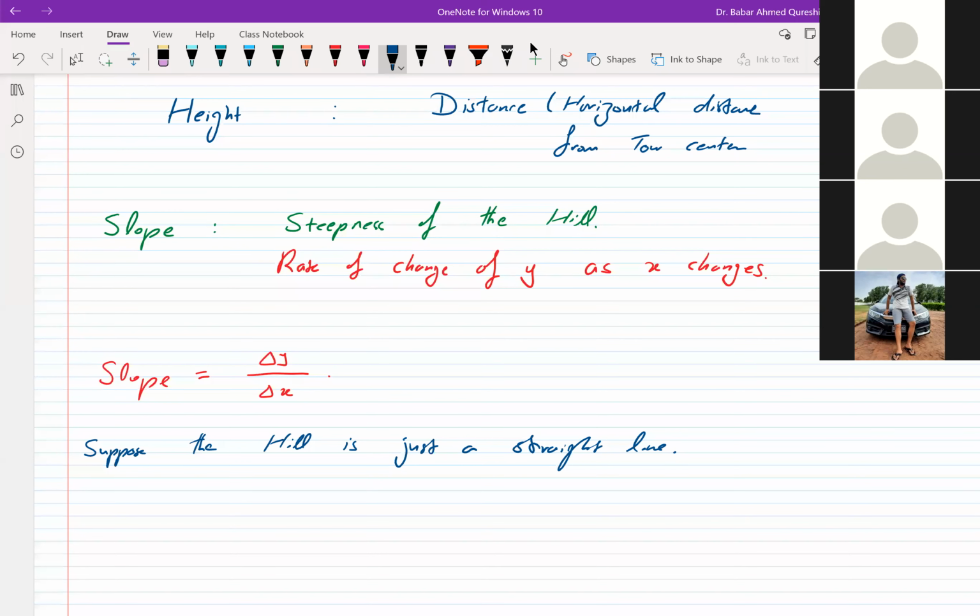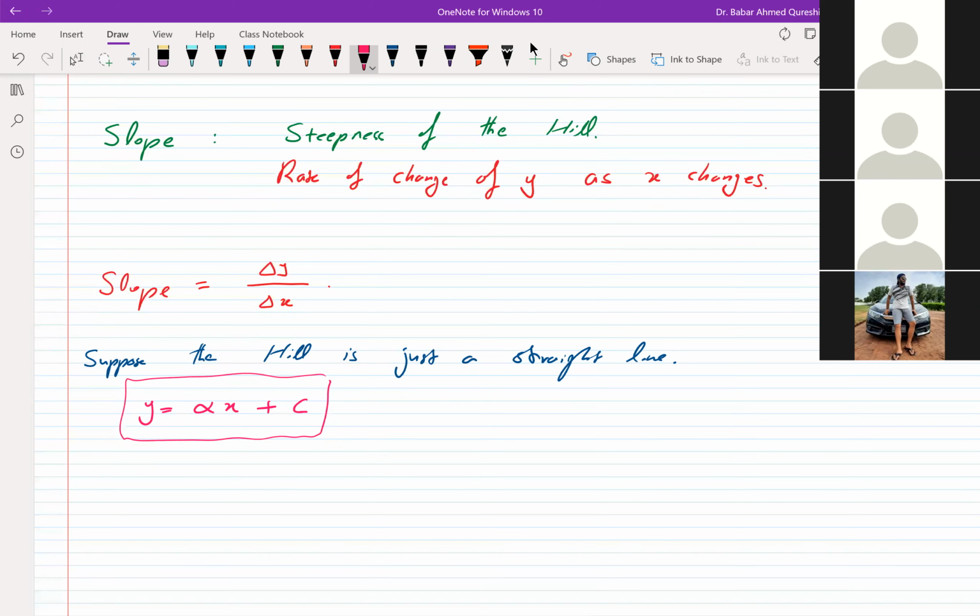So that special relation between x and y, if it's a straight line, is, if you recall, is given by this kind of relation, where this number c is very easy to interpret.